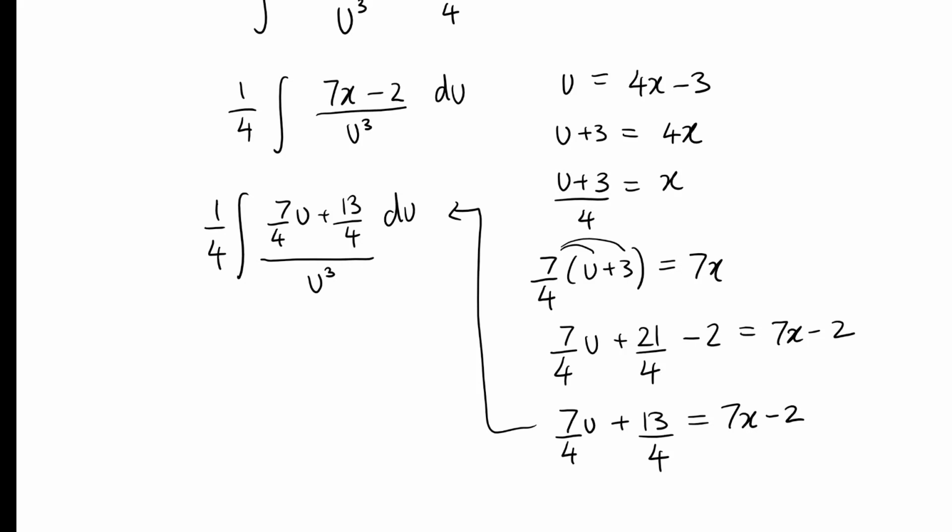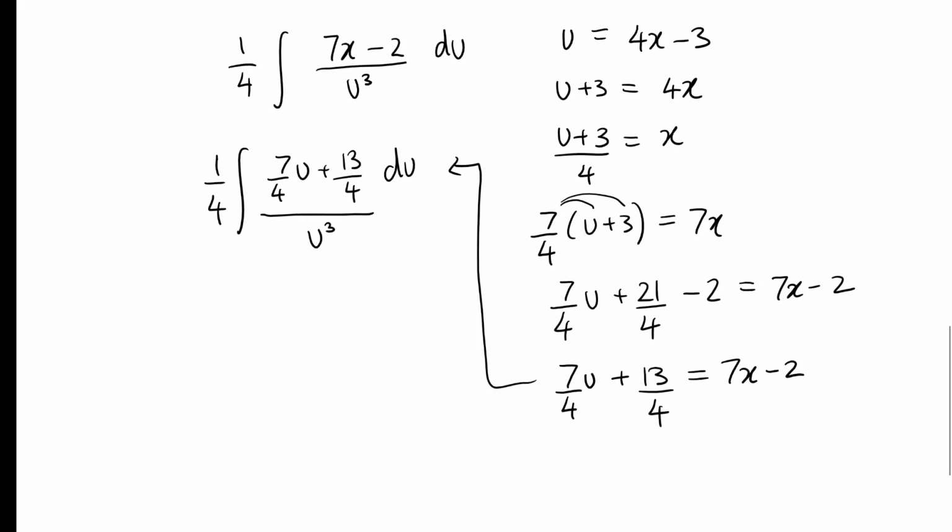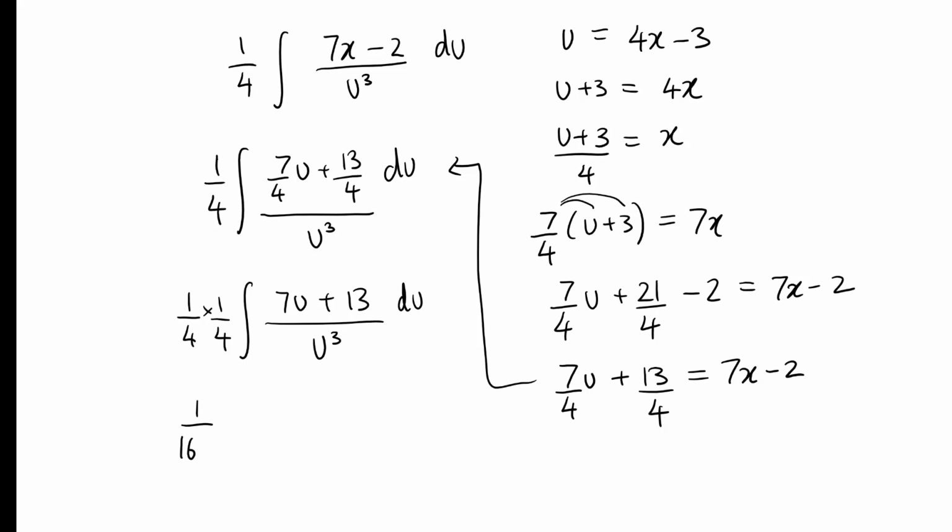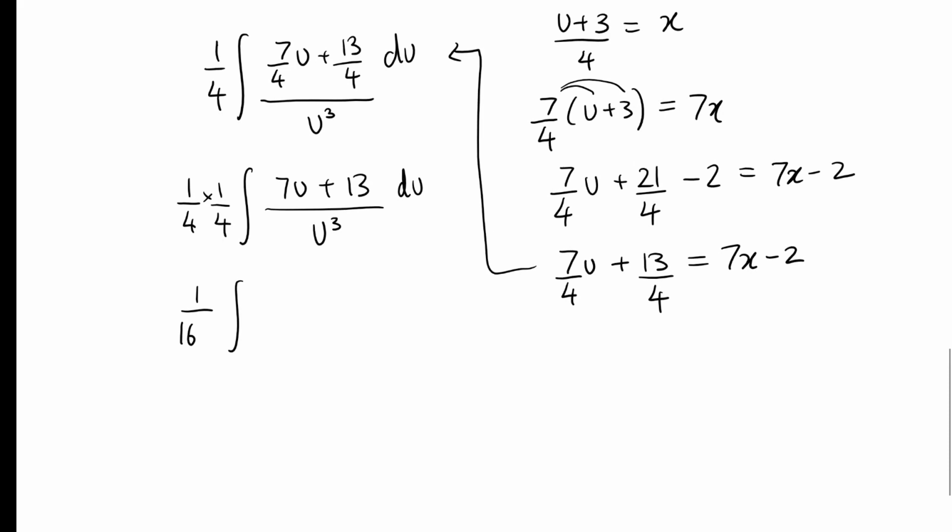Everything's in terms of u, so we're quite close to being able to integrate now. Let's take out another factor of 1/4 to make the integrand easier to deal with. So 7u plus 13 over u cubed du, with 1 over 16 on the outside, 1/4 multiplied by 1/4. Then we can get to the stage where we separate the numerator out, as we did with the other problems.